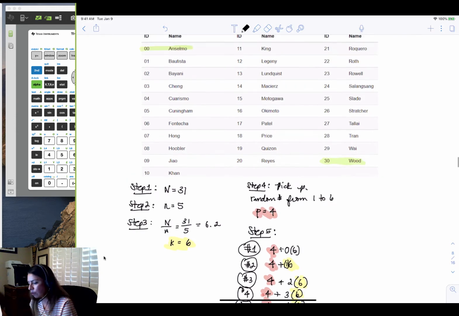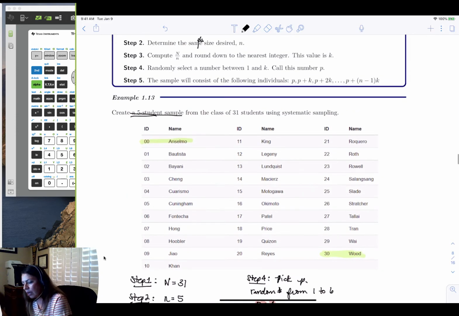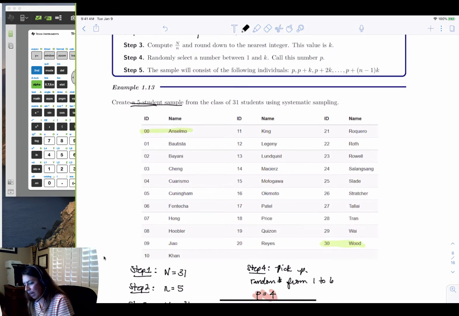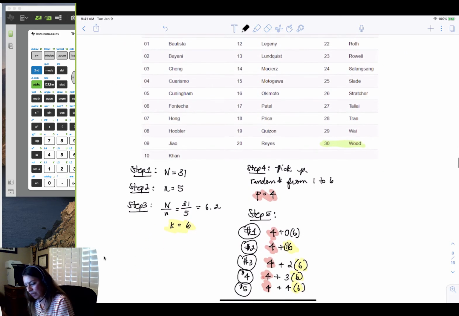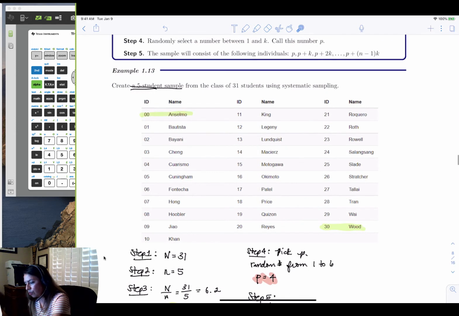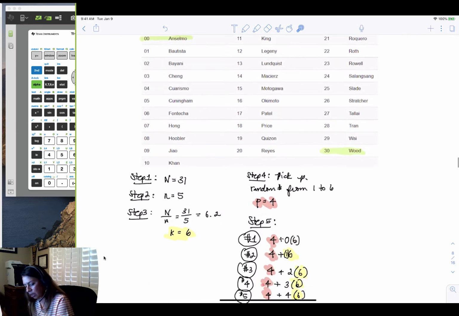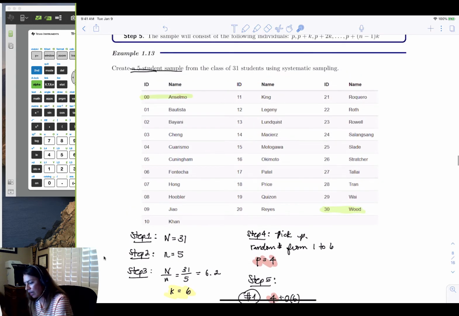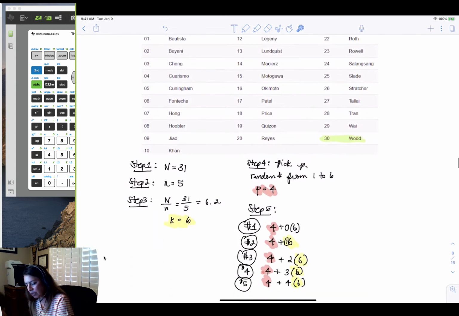And that is the formula here, right? The first person is p, which is the 4. The second is p plus k, so p plus 6. The third person is p plus 2k, and so on, all the way to p plus (n minus 1)k.